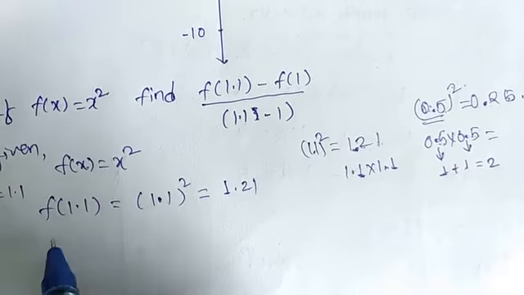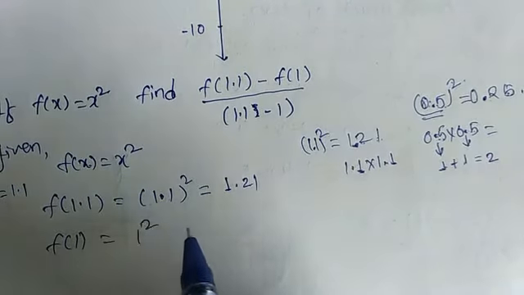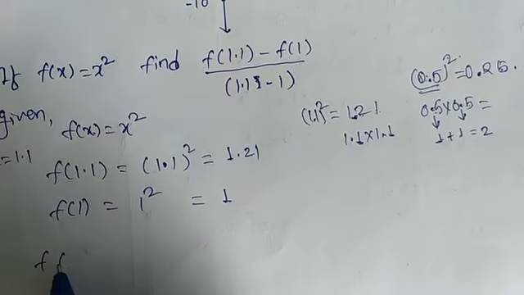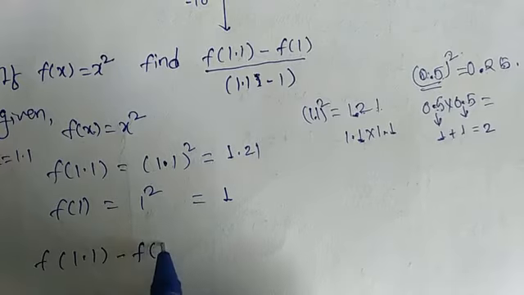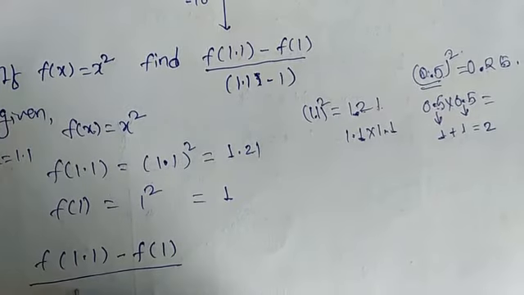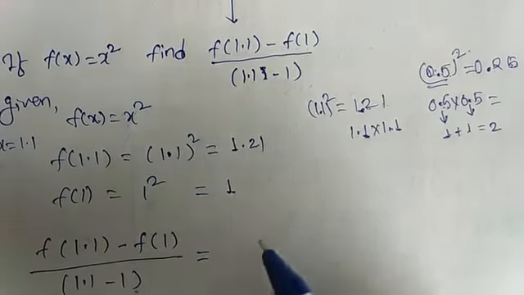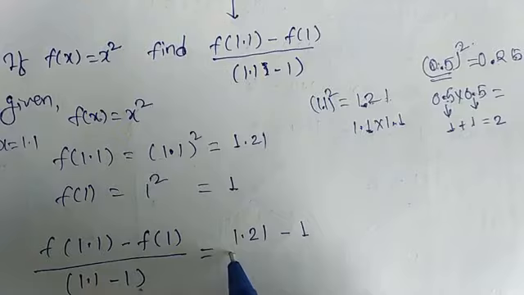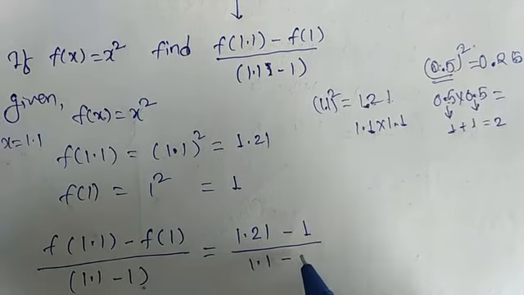Next, f of 1 is equal to 1 square, and 1 square is 1. Now we have to find f of 1.1 minus f of 1 divided by 1.1 minus 1. We put the values: 1.21 minus 1, divided by 1.1 minus 1.